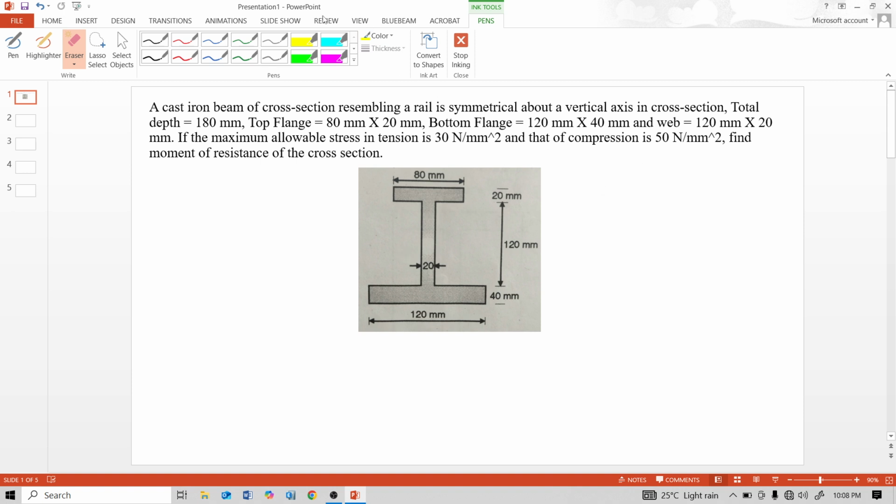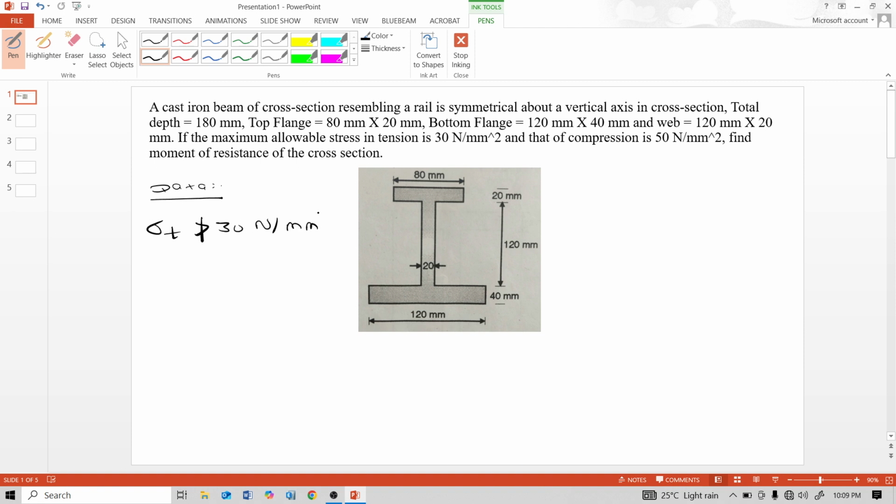So first, write the data. Maximum allowable stress in tension, sigma t, is 30 Newton per mm square.